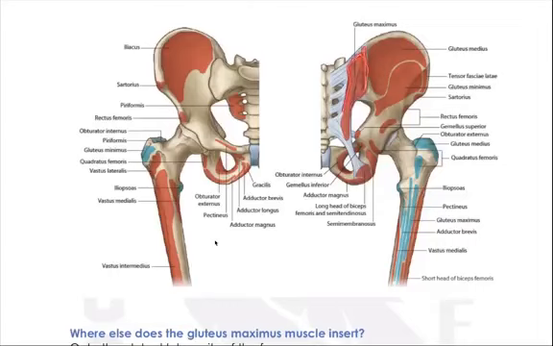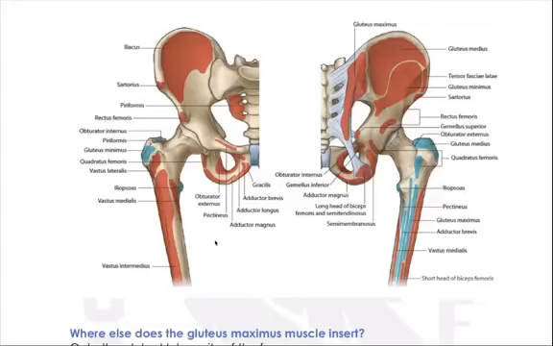In between the posterior gluteal line and the anterior one, you can have the origin of gluteus medius, and below the anterior and above the inferior one, you can have the origin of gluteus minimus. So you have to know the origin of gluteus maximus, gluteus medius, and gluteus minimus.